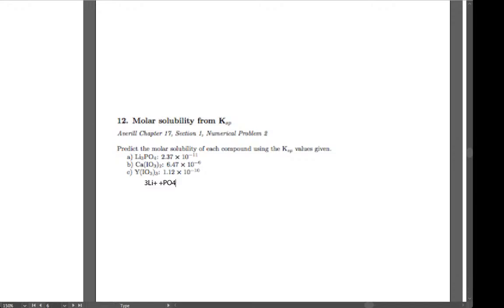Predict the molar solubility. What is the molar solubility? Let me check the molar solubility first. It's in molars.